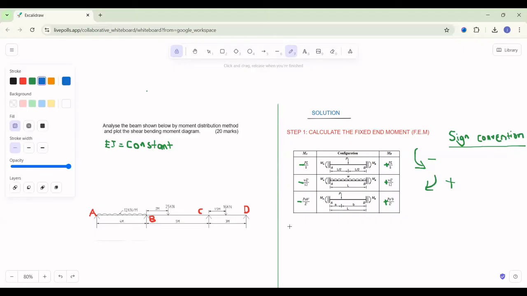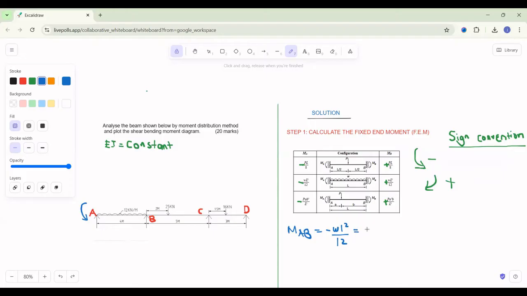So for the fixed end moment MAB, since I'm assuming the fixed end moment is in the anti-clockwise direction, it will be negative WL squared over 12, which is for the UDL.